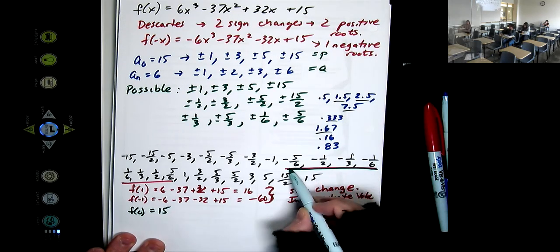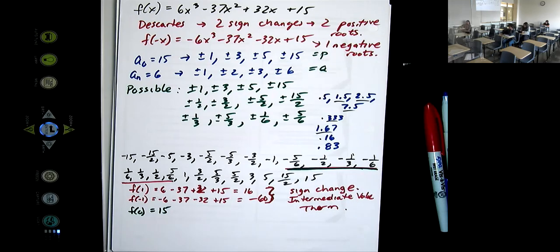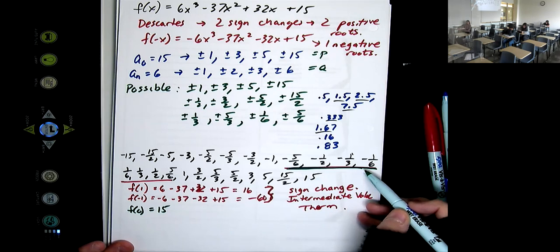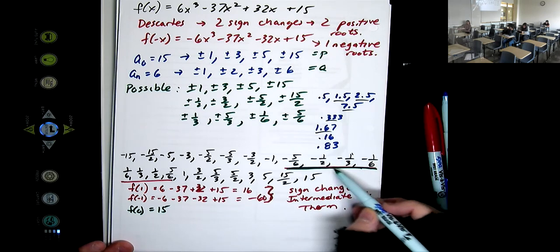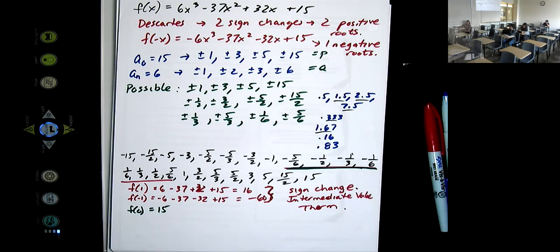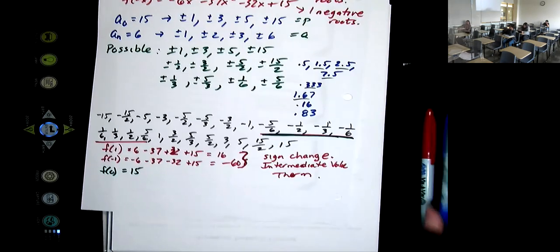That narrows it down to this. So I try one of these until I find it. Let's try -1/2. I know -1/2 doesn't work because I know what the answer is, but let's try -1/2.